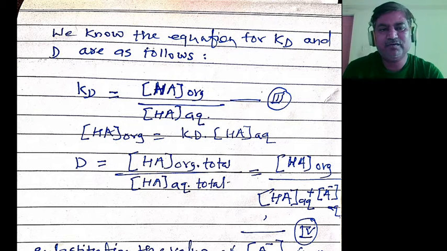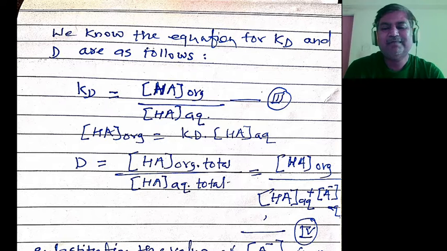This equation we have seen earlier as number three. Distribution coefficient is equal to the ratio of solute in organic phase to the solute in aqueous phase. Here we are taking weak acid: weak acid concentration in organic phase, weak acid concentration in aqueous phase.